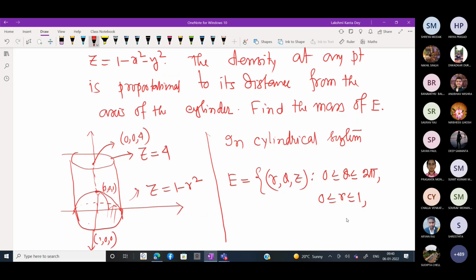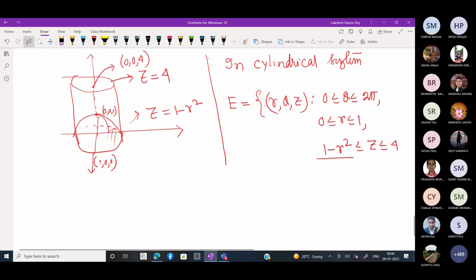And for z, the upper height is 4 and the lower height is z equal to 1 minus r square. So there is a change here. This is not constant, it is varying because it is a paraboloid. Okay.